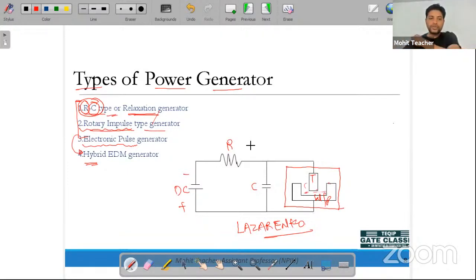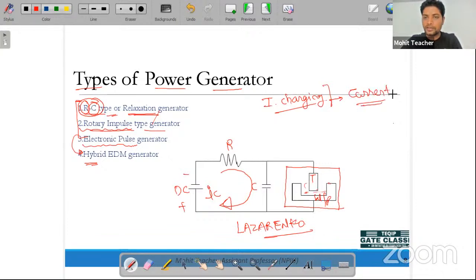Now what is happening actually is that whenever we are using this RC type or relaxation circuit, initially we are charging this capacitor. For the charging we are supplying the current, so this is IC. Only the capacitor will charge. So the first analysis will be based on the charging zone, where we find the charging current during the charging.